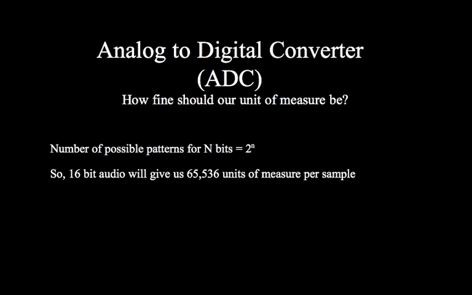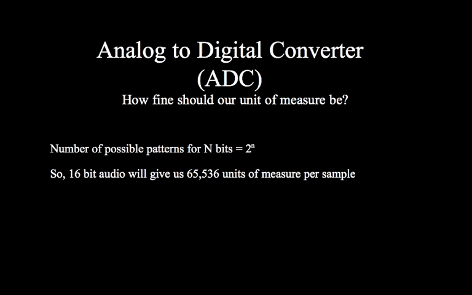So if a sample is 2 bits long, meaning each sample is going to put down 2 bits, how many units of measure do you get? Well, you could have a 0 and a 0, so that's 1. You could have a 1 and a 1, that's 2. You could have a 0 and a 1, that's 3. And you could have a 1 and a 0, that's 4. 2 bits gives you 4 units of measure.